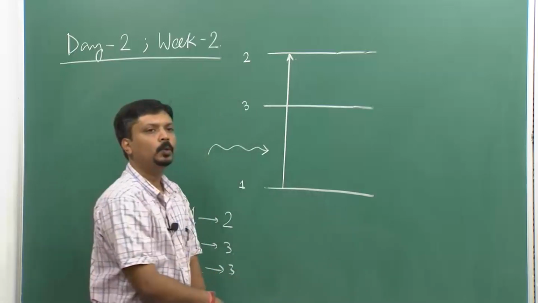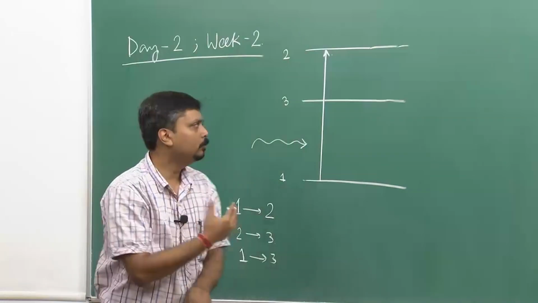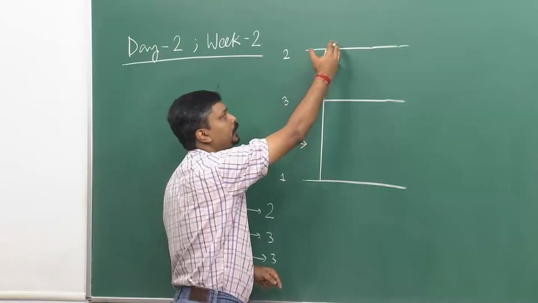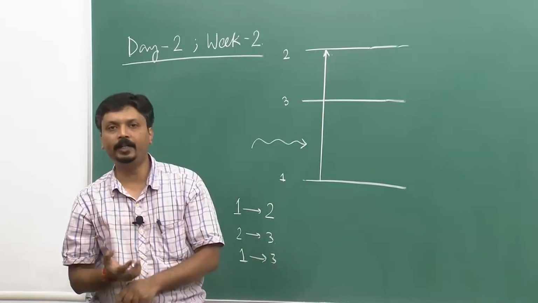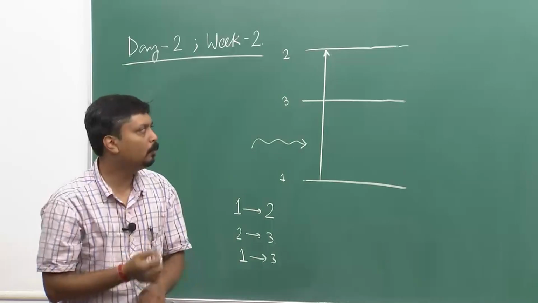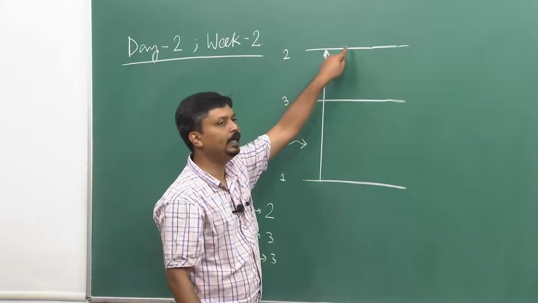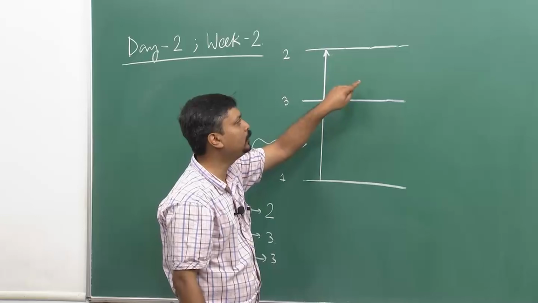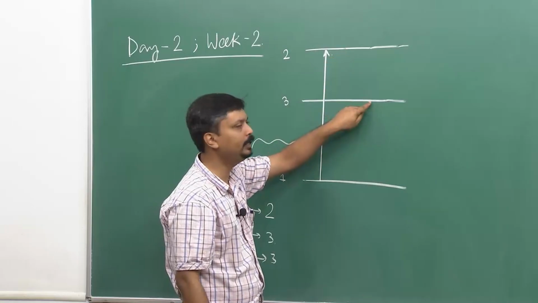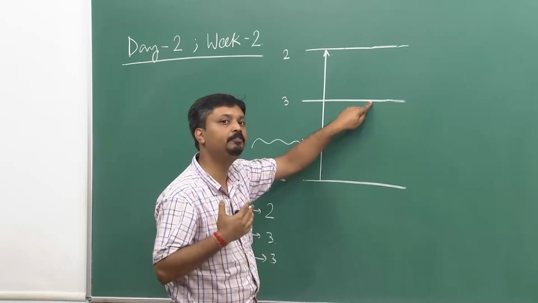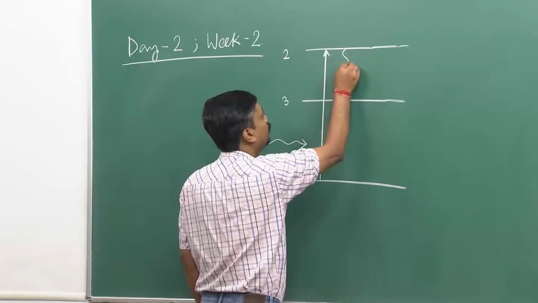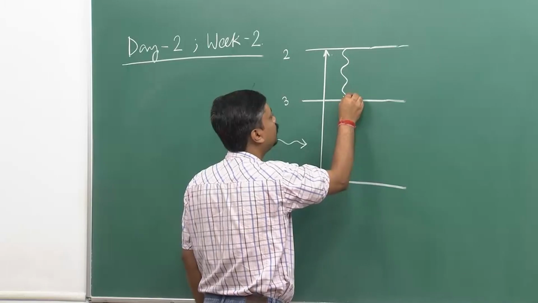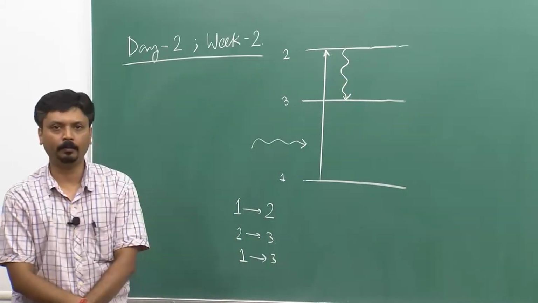But if I have the properties of states 2 and 3 such that level 2 transfers its population to level 3 non-radiatively, in other words, if state 2 decays non-radiatively to state 3, and if that decay happens very fast. We show the non-radiative transitions by this wavy arrow.